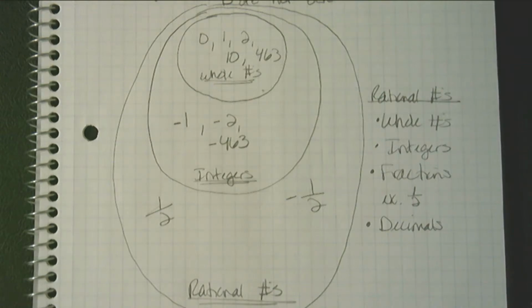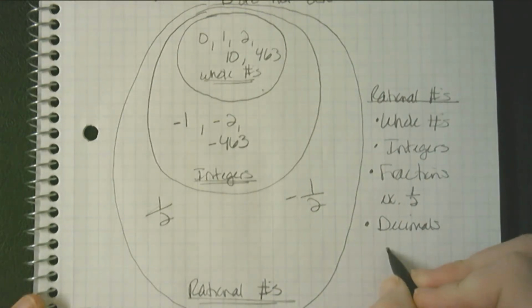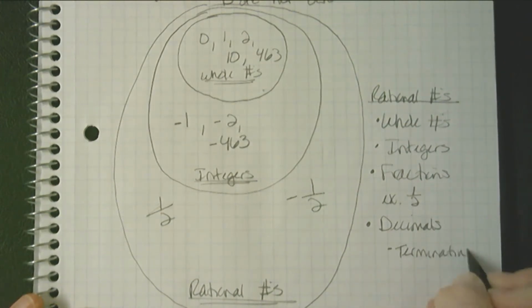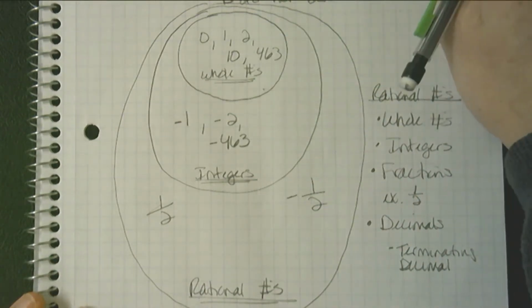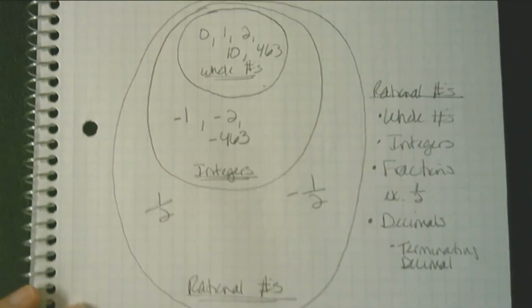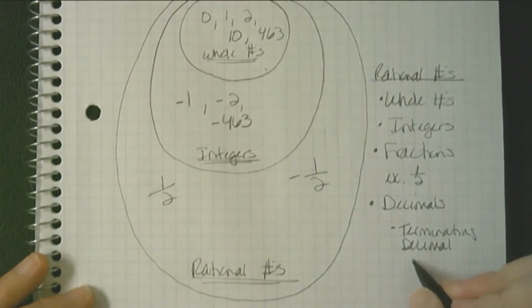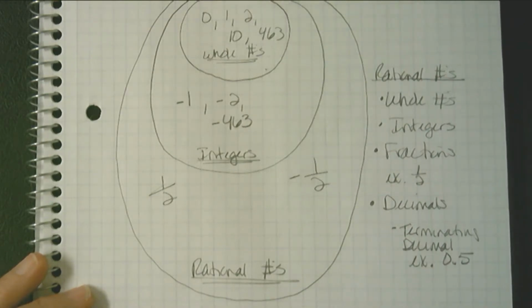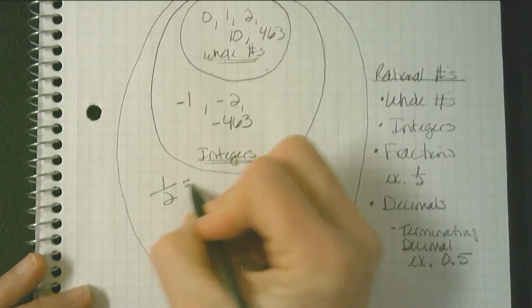There are only certain decimals. One type of decimal that's a rational number is called a terminating decimal. An example of that is 0.5, which is what 1/2 is.